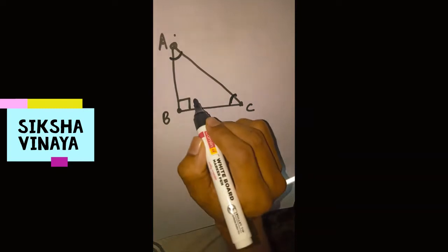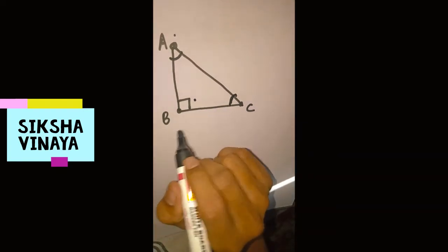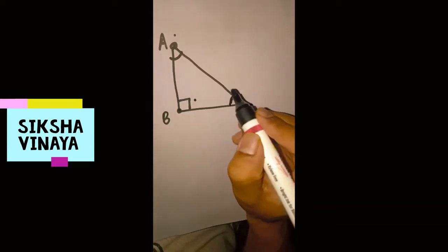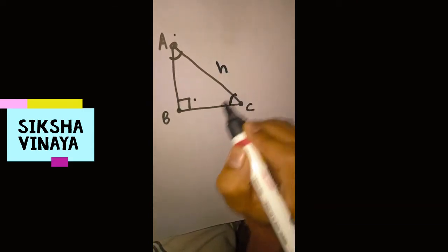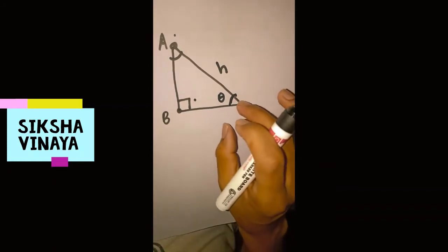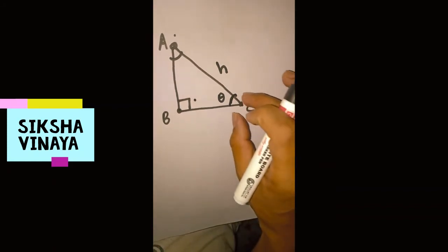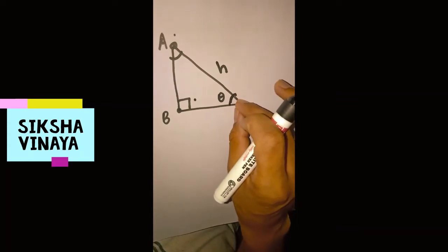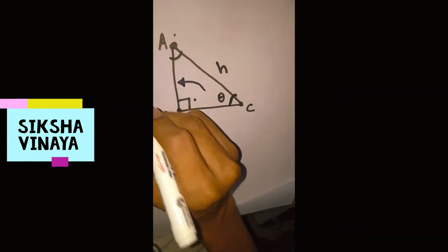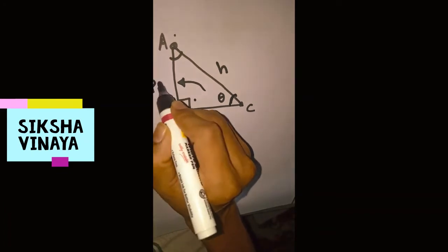Now here are two angles, and this one is known. This is called the hypotenuse. If we take this angle, if you view from this point, this becomes the perpendicular.